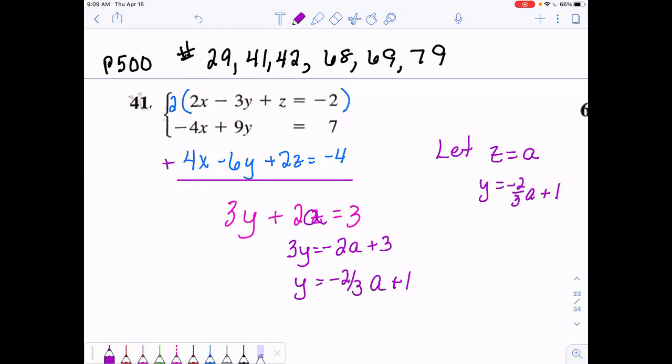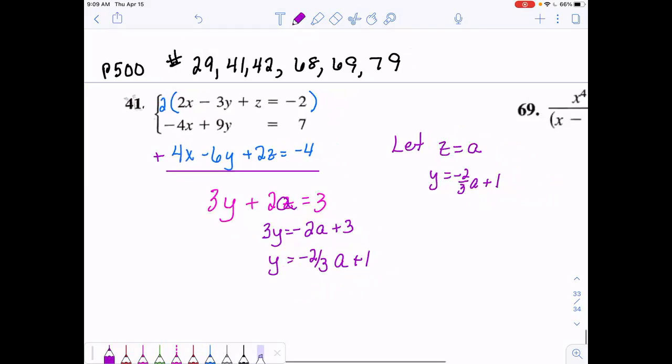But of course, we need to find x, and we can find x using what's called back substitution. Now, if you look, the second equation has an x and a y, not a z. So you could use that second equation because you're only plugging in one value. Or you could use the first one. It doesn't matter. They're both going to give you the same answer.